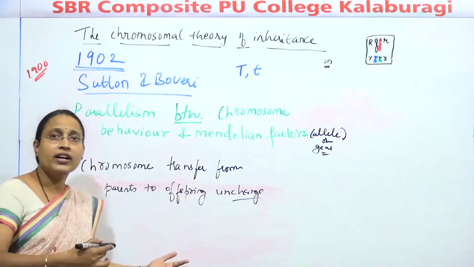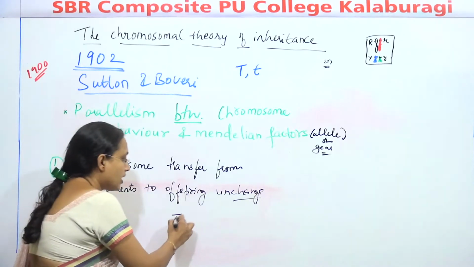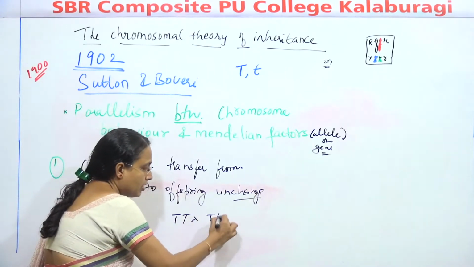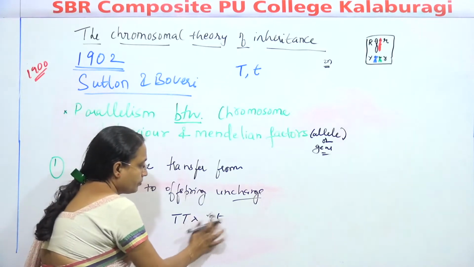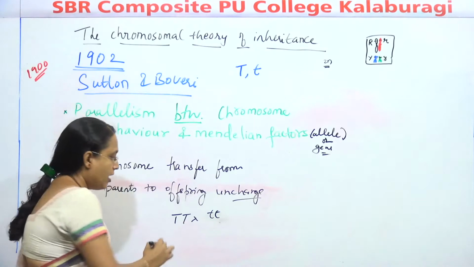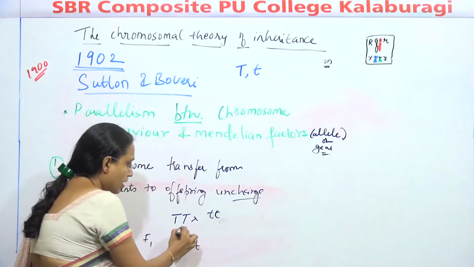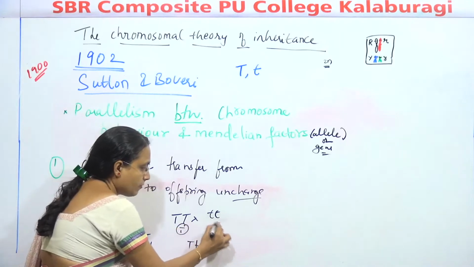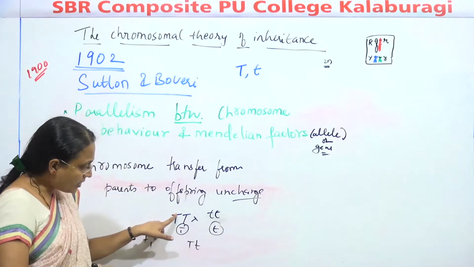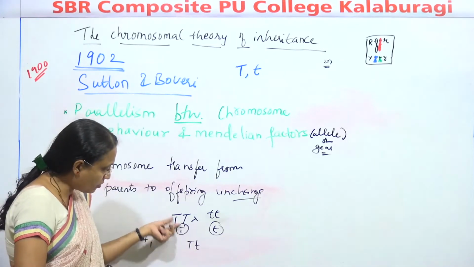That you have studied already in the monohybrid cross. How did you study it? There is a parental generation, then F1 offspring. What is the genotype? The parents produce gametes of this type. So it means this factor is transmitting from the parental generation to the next generation unchanged. You see this factor is unchanged here.